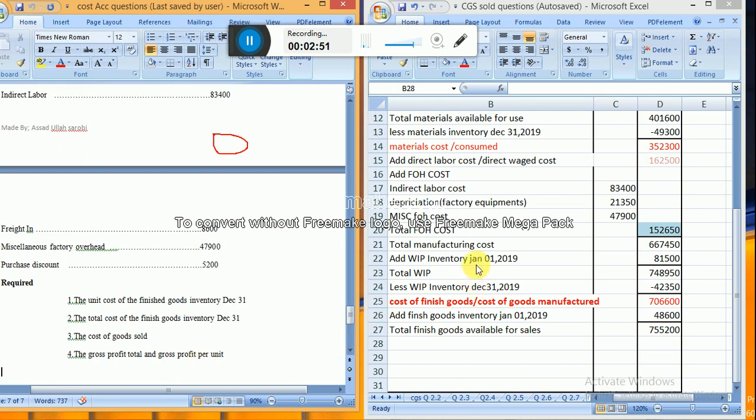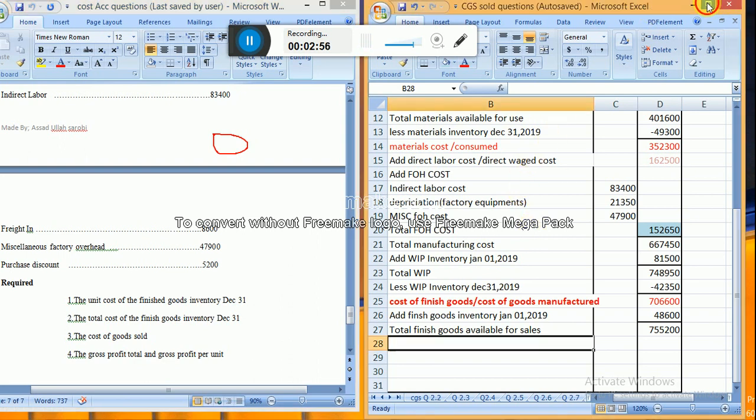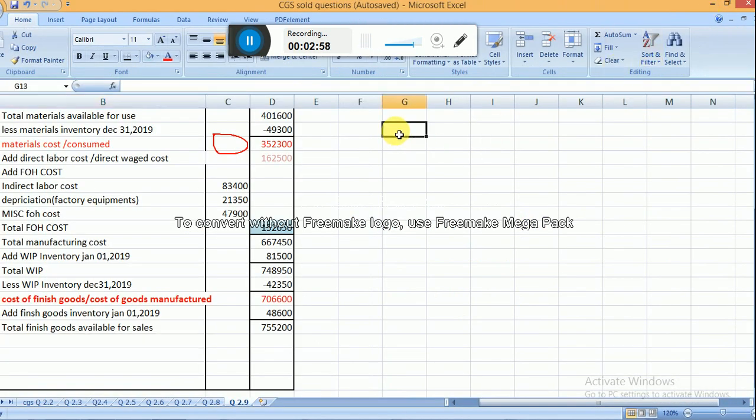So for that we need some additional calculation. Look at additional calculation number for the first requirement.